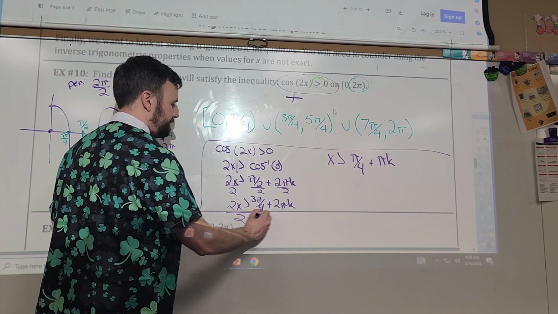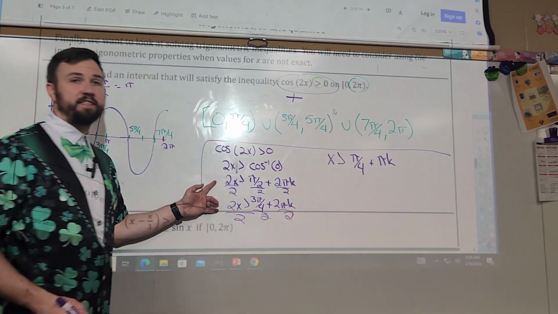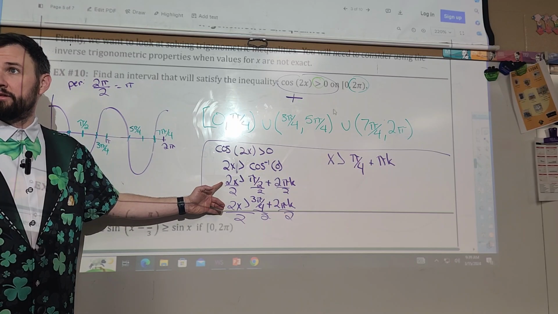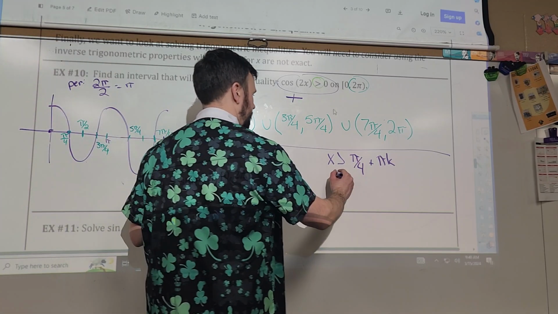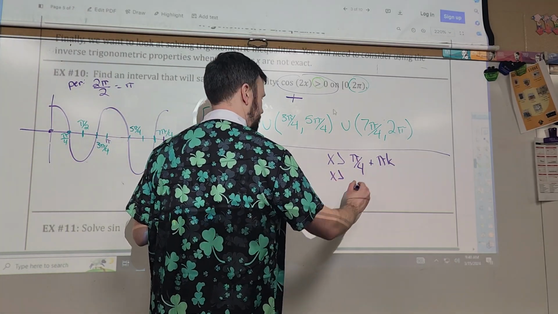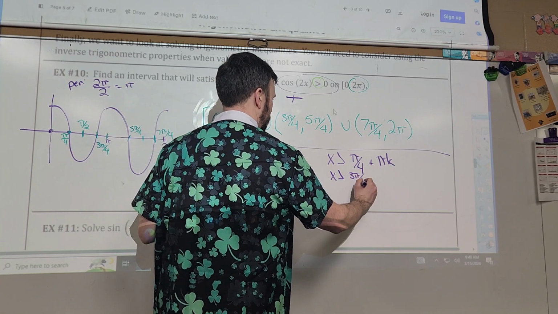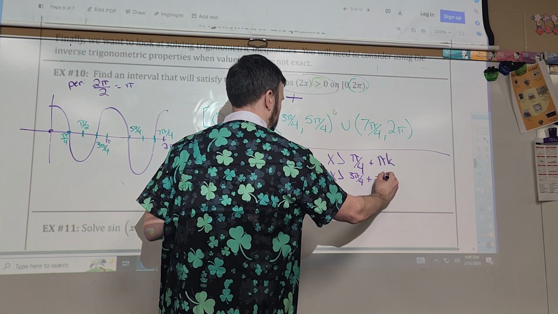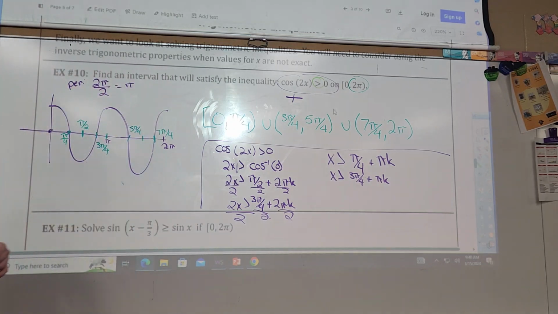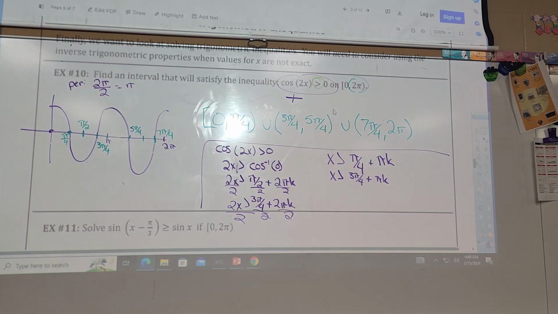Divide everything by 2. Do you guys see why I set up the 2? We did this last time too. And I get x is also greater than 3 pi over 4 plus pi k. We're not done yet. That's just the beginning.